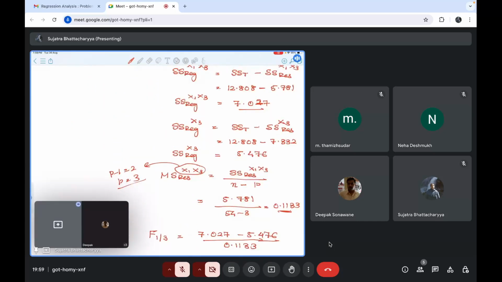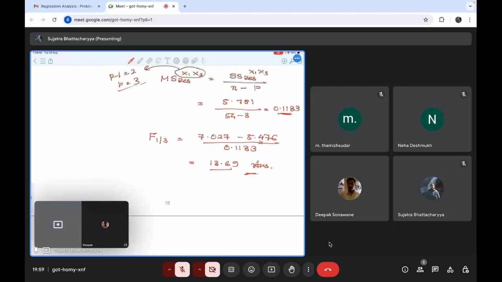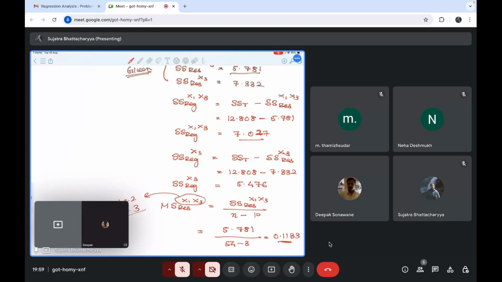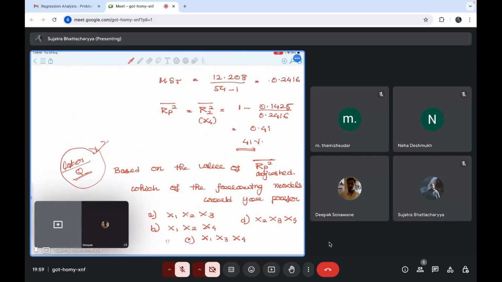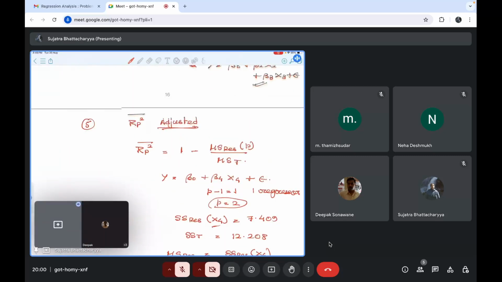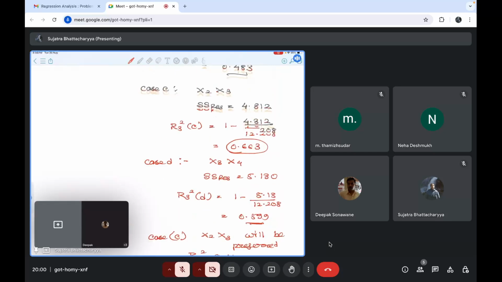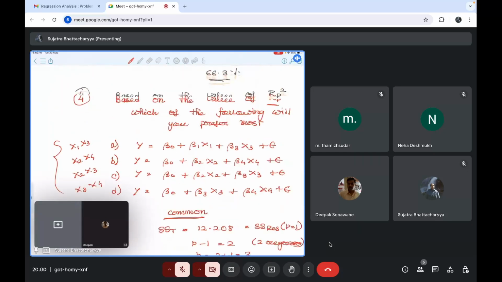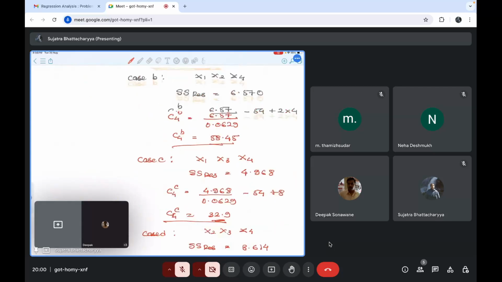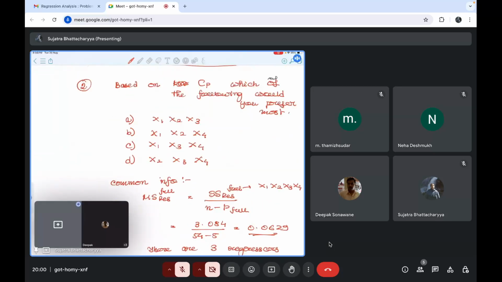Any questions from your side? Is this question clear? This kind of question will come in the assignment or in the final examination, so you have to compare and do all those things.